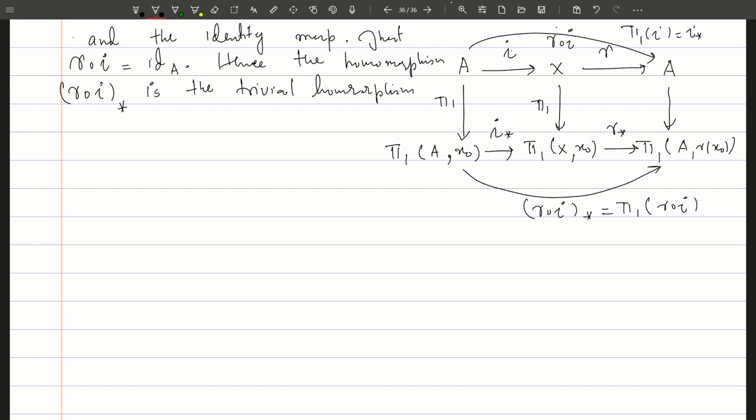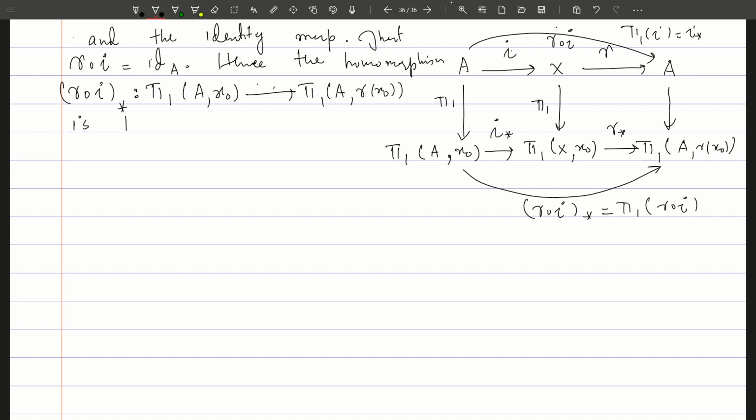So this is actually a map from the fundamental group of A based at x naught to the fundamental group of A based at R of x naught.